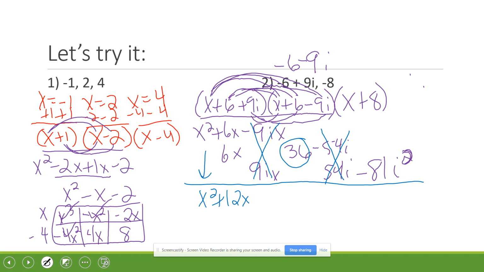And then I'm over here at the 81i squared. Now remember that i squared is negative 1. So negative 81 times negative 1 is a positive 81. So 36 plus 81 is 117.